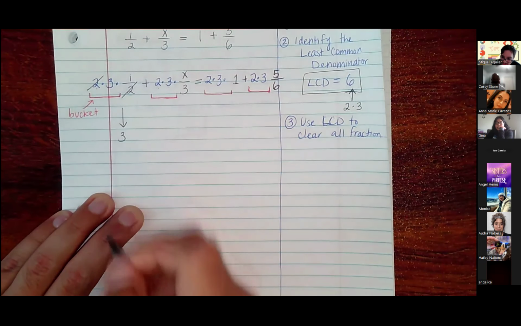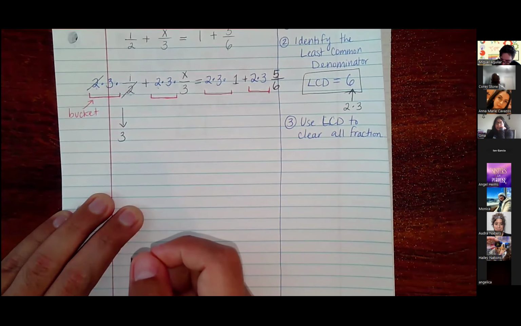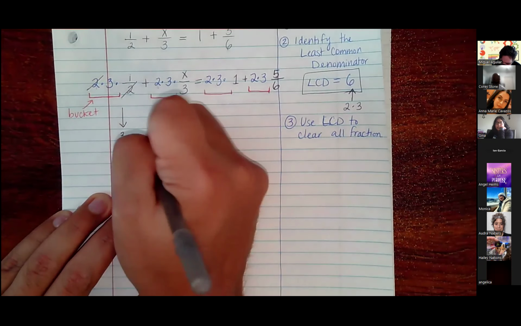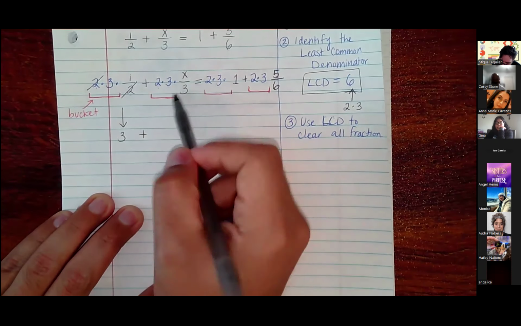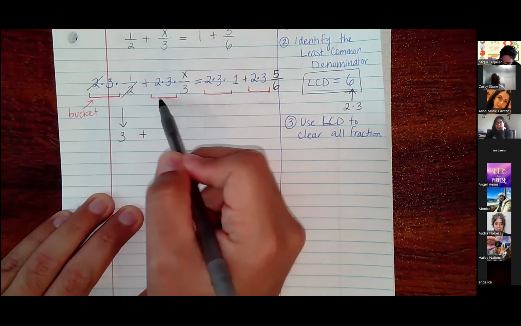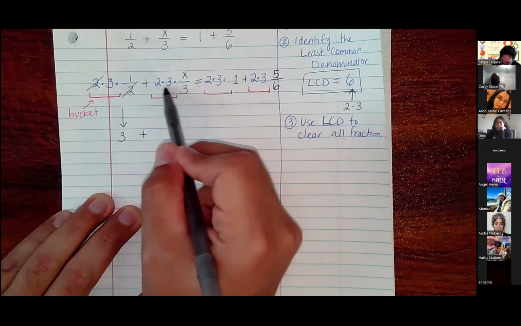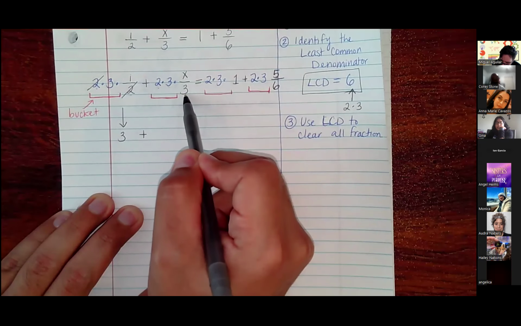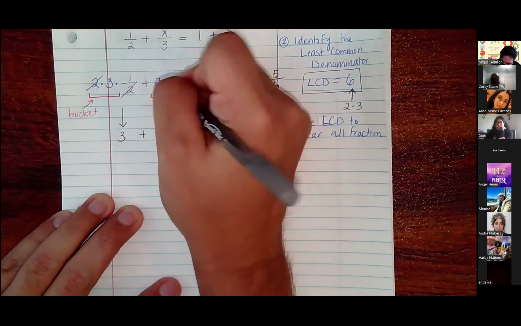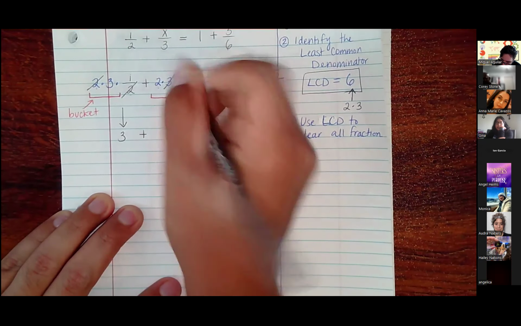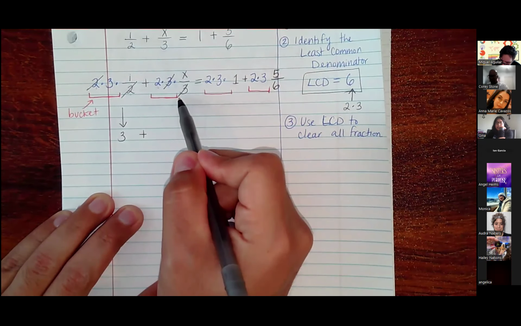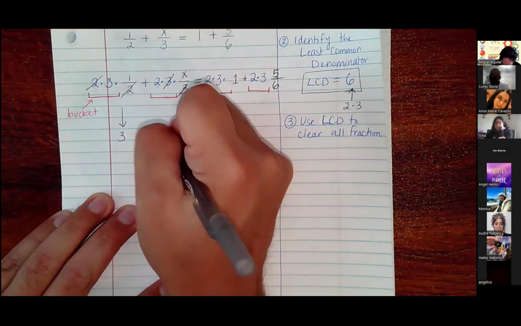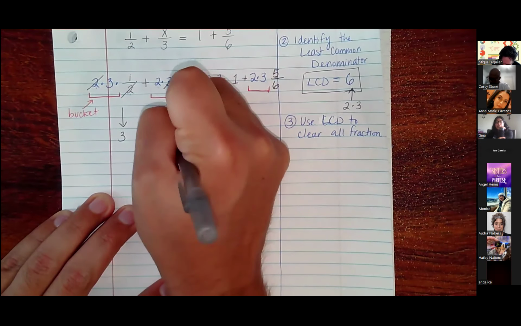It's just 3. I'm going to bring a 3 down. Then I'm going to put my plus sign. I'm going to go to the next term with my next bucket. And which of these factors in the bucket is going to cancel out this denominator? 3. So we're going to cross out the 3's. What's left over? So would it be 2x? It would be 2x. So we're going to bring that down.